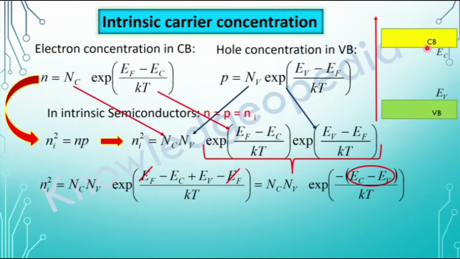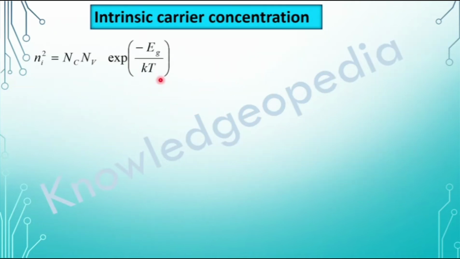Ec is the bottom of the conduction band, Ev is the top of the valence band, and the gap between these two energy states is equal to Eg, that is the forbidden energy gap. Thus, we can replace this Ec minus Ev by Eg. Replacing this, Ni square can be written as Nc Nv exponential minus Eg by kT. This is the expression we obtained in the previous slide.